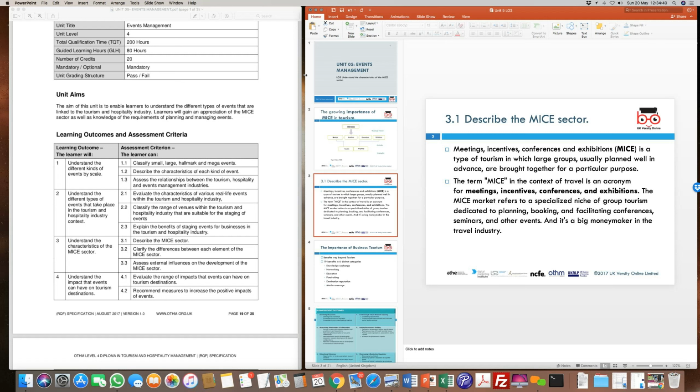And if you visualize, this would mean that you would have a number of hotels which will have a certain capacity to be able to accommodate visitors. You have booking facilities, you have planning, you have security facilities, you have facilities for conferencing, seminars, and also a whole host of restaurant facilities around the venue.